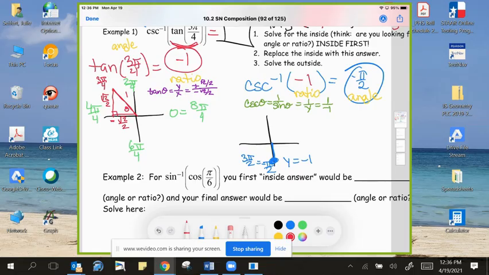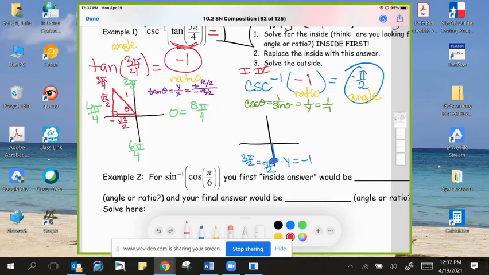Remember cosecant inverse. We need to remember those principal inverse values. Cosecant inverse can be in quadrant 1 or quadrant 4. This ends up on the y-axis, not really in either quadrant. It ends up on the negative y-axis.